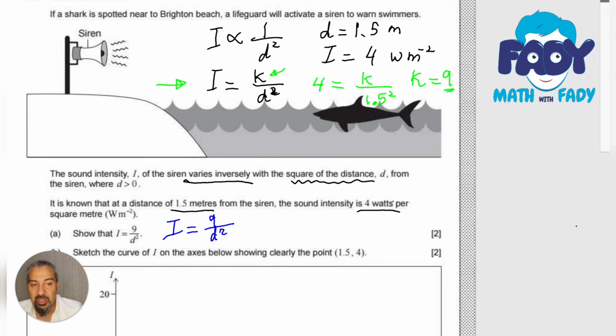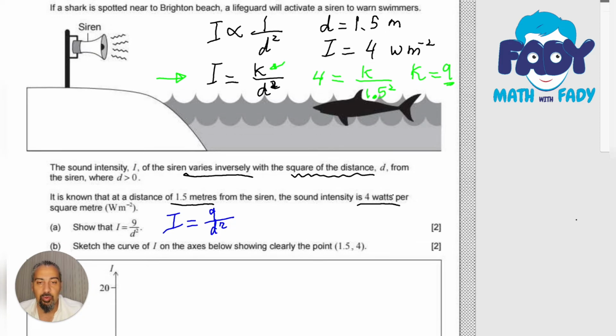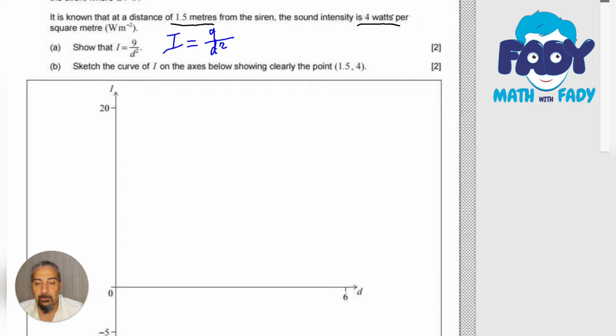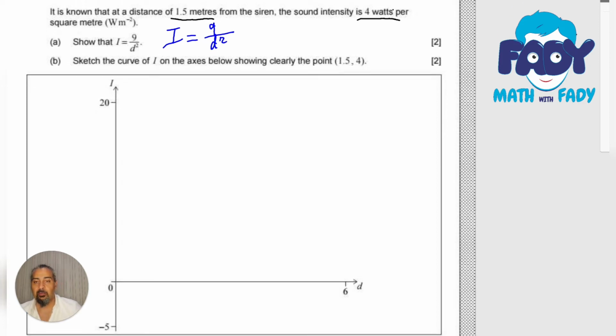Part B: sketch the curve of I on the axis below, showing clearly the point (1.5, 4). Here is the axis given. D is the x-axis from 0 till 6, and I from -5 till 20.